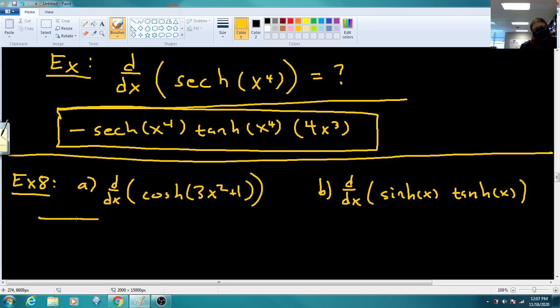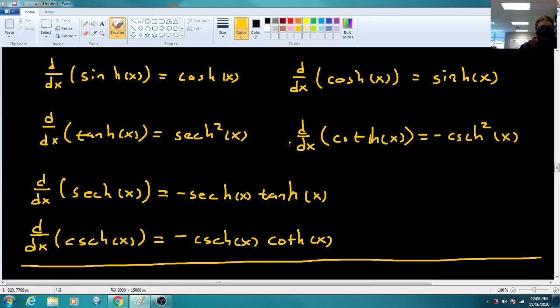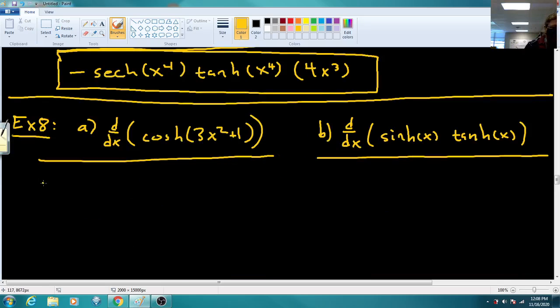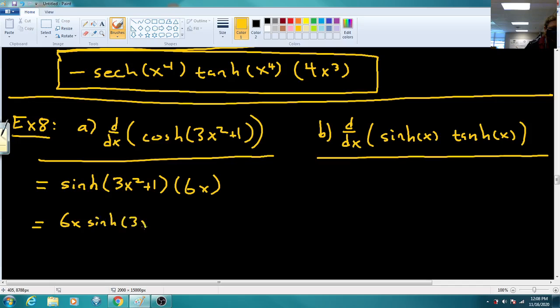Okay, so hyperbolic cosine is the outer function, 3x squared plus 1 is the inner function. The derivative of hyperbolic cosine is hyperbolic sine. So we will get hyperbolic sine of the inner part left alone. And then we got to multiply it by the derivative of the inner part, which is going to be 6x. So that'll be our answer to part A.